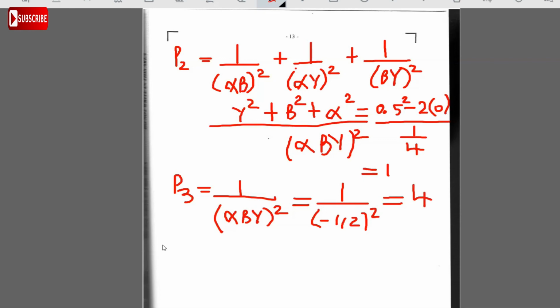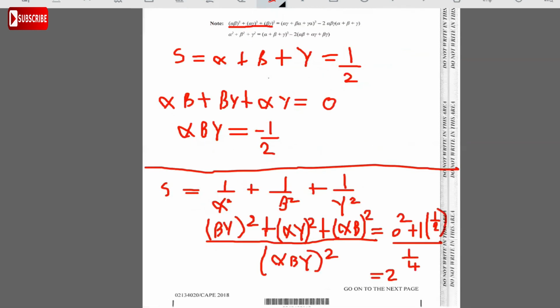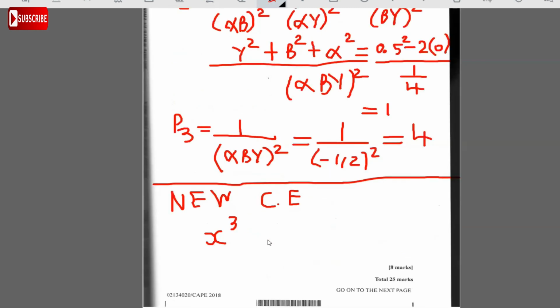And so the new cubic equation, let's write it here, will be given by x cubed minus the sum of the roots. The sum of the roots is 2, so it's x cubed minus 2x squared, plus the product of the roots.